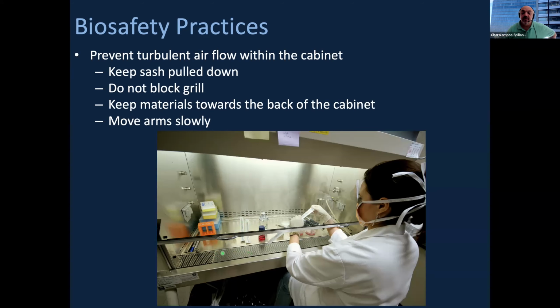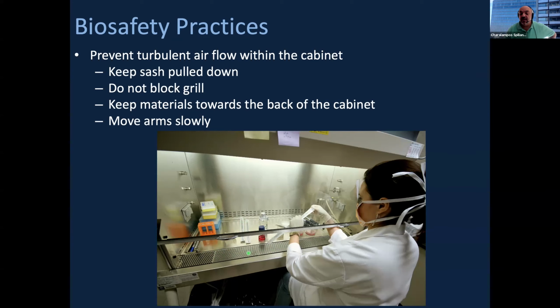We should never block the grill, because this is where the air is getting out, going to the top, and then being pulled out through filters and motors on the top. So never put stuff on the grill.